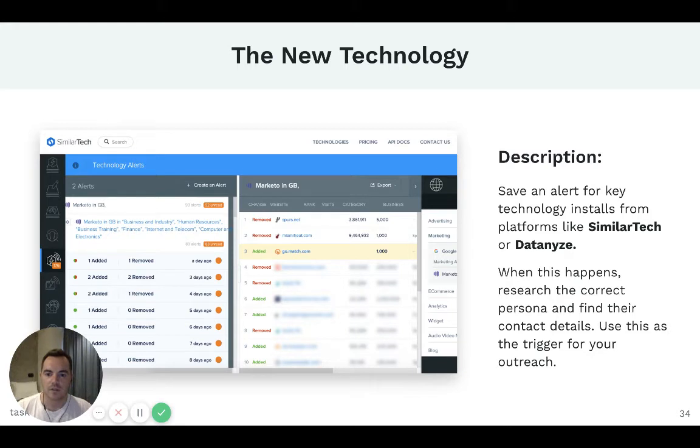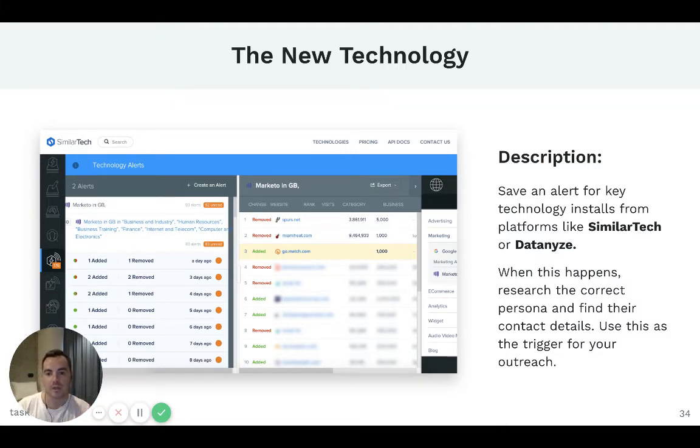Finally, we've got the new technology. This is really relevant if you are selling into businesses that use a complementary product. I know Gorgeous, which is an e-commerce live chat AI platform, used the new technology trigger to target companies who had recently started using live chat, and they had Shopify installed on their website, or they were Shopify websites. And they used that because they could only really sell into companies who already used live chat.